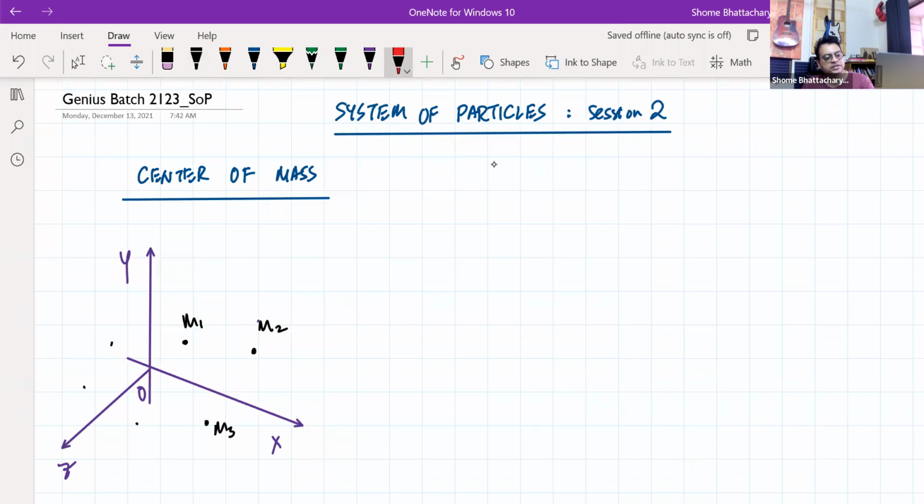Then the position of the center of mass is defined as the symmetry point. So its position vector is given as the weighted mean, summation M into R, divided by the total mass.